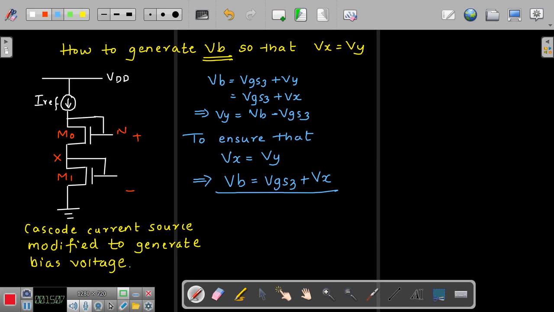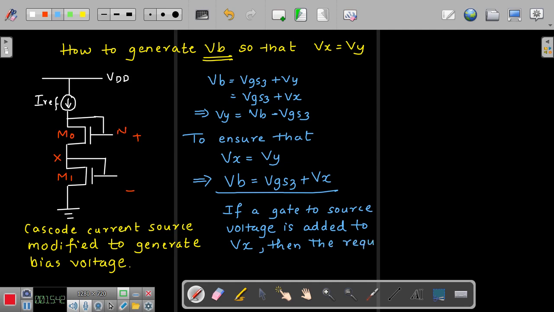So now, if a gate to source voltage is added to Vx, then the required Vb can be obtained.